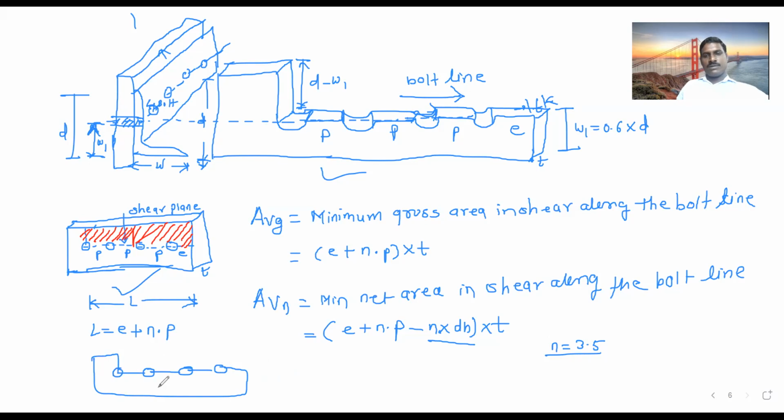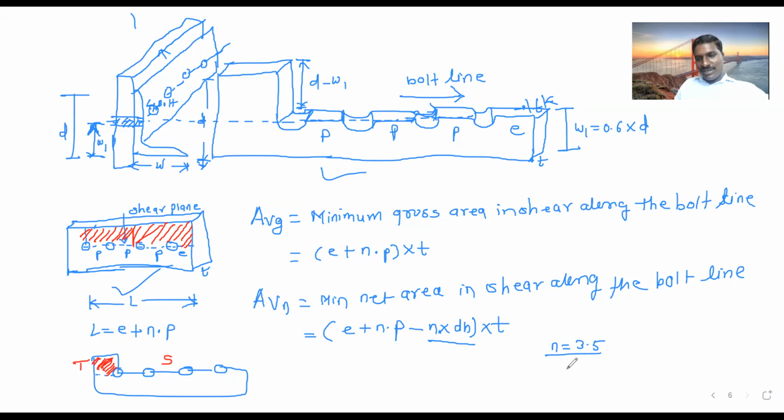This is the figure. So it means what is happening? This area is under tension and this is in shear. हा अर्धा बोल्ट टेन्शन मध्ये जातोय आणि राहिलेला अर्धा बोल्ट शियर मध्ये येतोय.